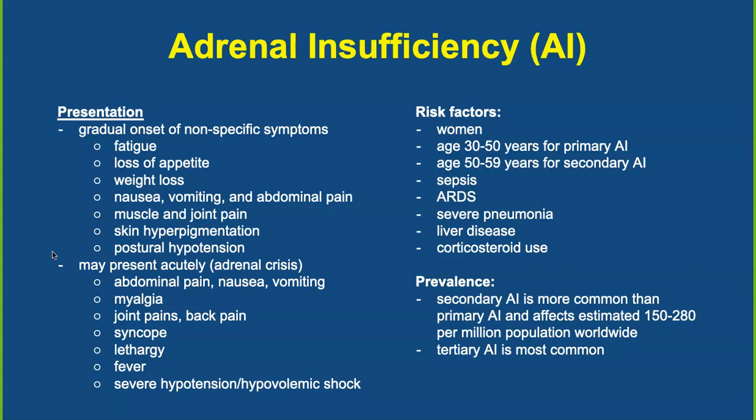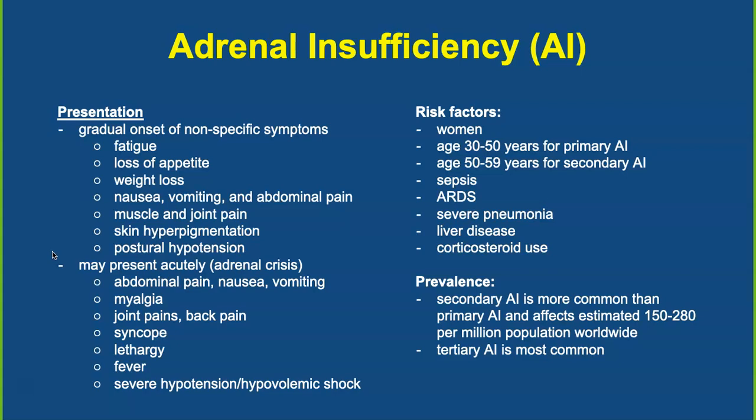Next is adrenal insufficiency. So the presentation can have a gradual onset of pretty non-specific symptoms such as fatigue, weight loss, most notably skin hyperpigmentation, or it may present in a more acute manner with adrenal crisis, which could be abdominal pain that's so severe that it's like acute abdomen with nausea, vomiting.